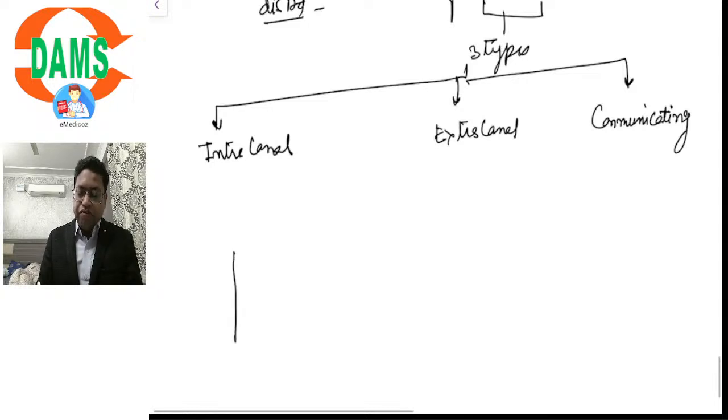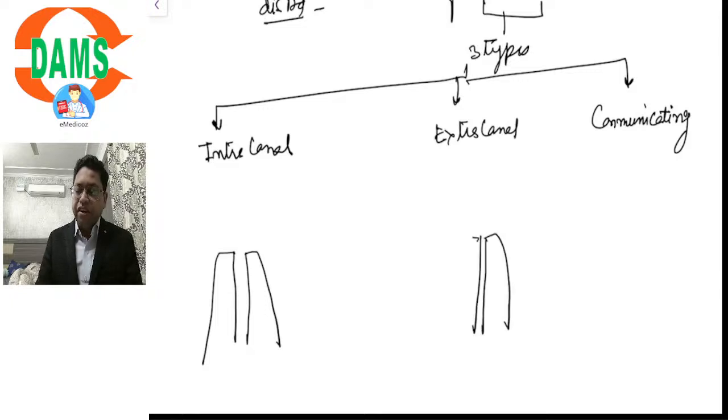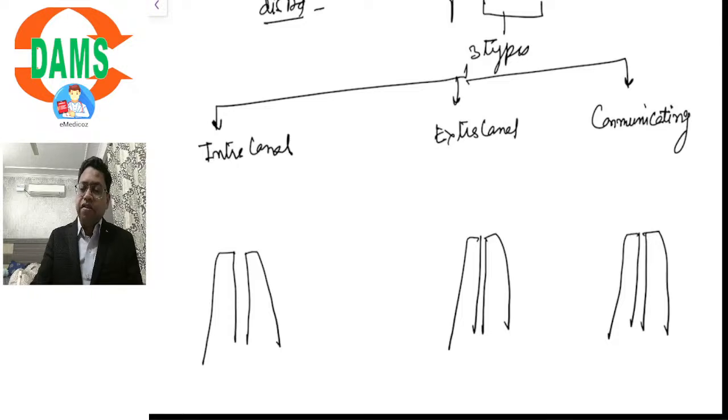This is the resected root end. Here also, this is the resected root end into which we are preparing a cavity with ultrasonics. Intracanal fractures means the fracture line originates from the canal and tends to extend outward.